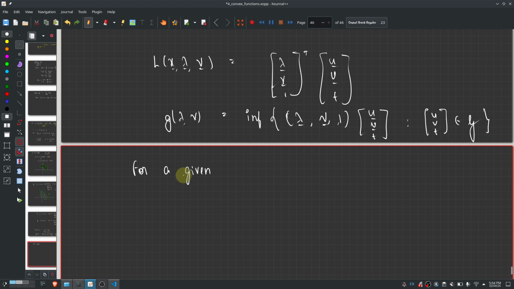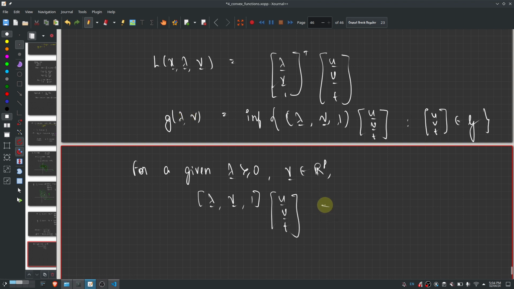Okay. So for a given lambda greater than or equal to 0 and nu belongs to R^p, what can I say about this inner product, (lambda, nu, 1) inner product with (u, v, t)? Now g of lambda comma nu is the minimum possible, right?